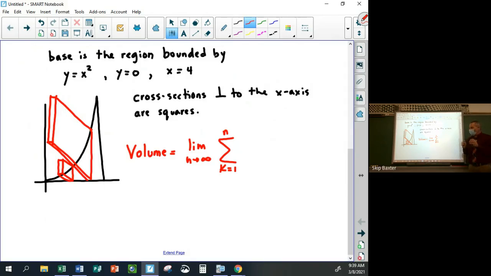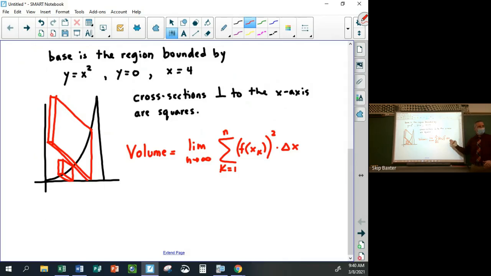Now, if you think about what the volume of one of these little boxes would be, it would be f of xk squared, that's length times width, and then times the height of the box, if you think of it as a pizza box, which would be delta x.